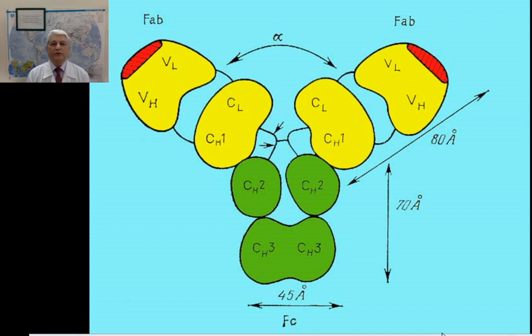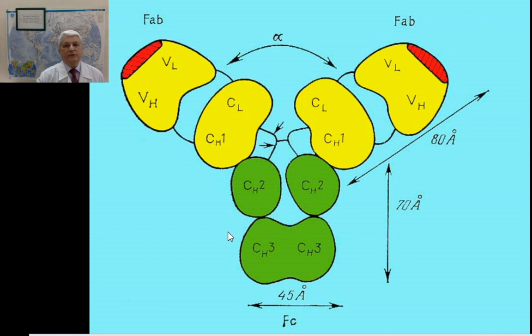This is important because here we see that the VH and VL domains form a superdomain by hydrophobic interactions, here and here, and there is also a superdomain formed by CH1 and CL, CH1 and CL, and also by 2 CH3.